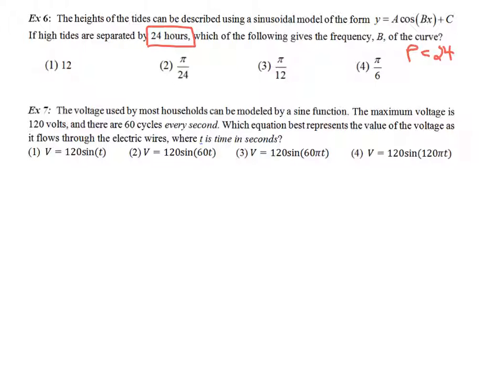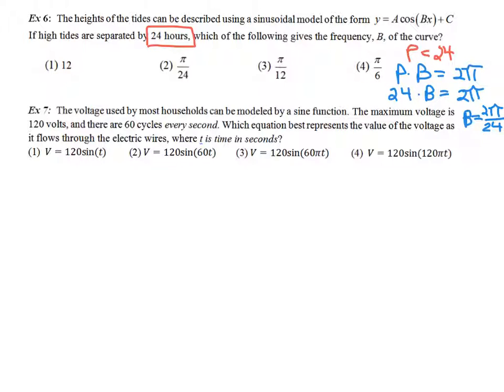Again, remembering that P times B has to equal 2 pi. Let's plug in 24 for P, and then let's solve for the B. So we're going to divide both sides by 24, so B is going to be equal to 2 pi divided by 24.